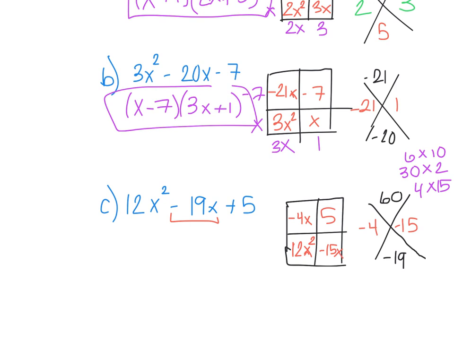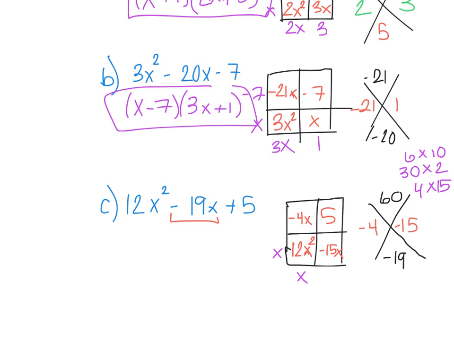Okay, so now the question comes down to, if I know these are my dimensions here, how do I break down this 12x squared? Well, I know that the x squared pieces of those will be 1x here and 1x there. Now there's multiple ways to break apart 12. We could do 12 times 1, we could do 3 times 4, 6 times 2.